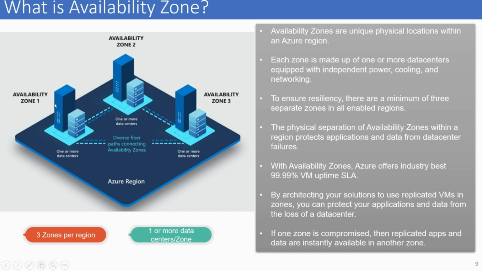we have a data center. These data centers form an availability zone. These availability zones are all numbered and they reside in a single Azure region. They are all connected together to ensure that a low latency, high availability network is established between them.